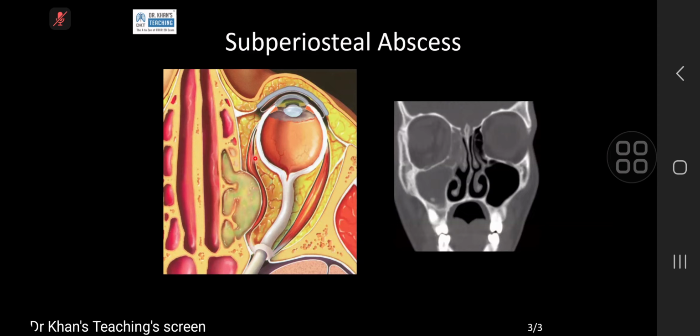Of course, the inflammatory phlegmon will go into the orbit. It can cause myositis, which will be enhancement of the muscle, enhancement of the fat. In this particular case, look here. If you look carefully, this is the medial rectus, and you can see another opacity here, and this opacity is because of this subperiosteal abscess.